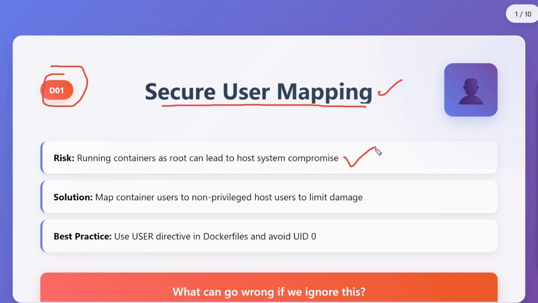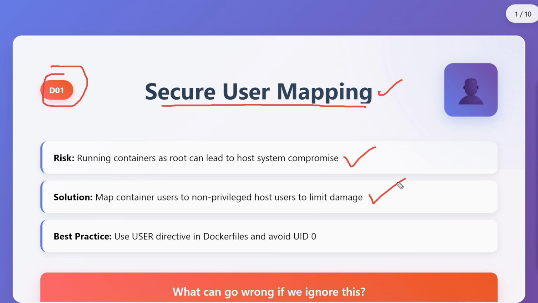The associated solution for this vulnerability was to map the container's users to a non-privileged host user to limit the damage or exploitability. This solution is simple but very powerful. Basically, don't run your containers as root.